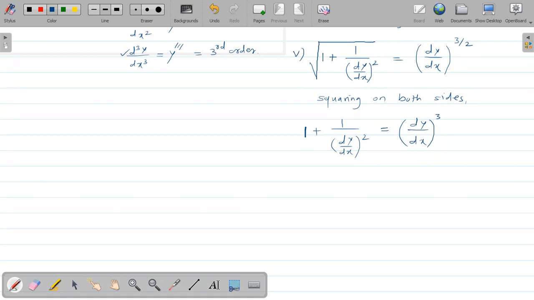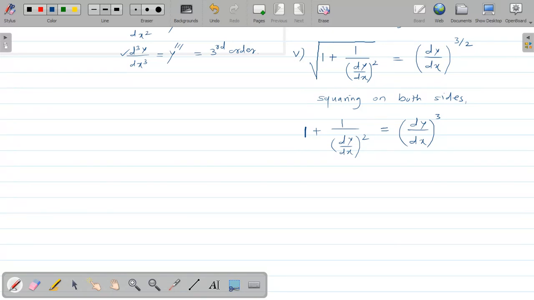Now see, we have to decide the order of this differential equation. It is clear that the first order derivative is included here. Okay, so order is first order, means order is equal to 1, and we have to find out the power of this dy by dx, so that it will be a degree of the differential equation.